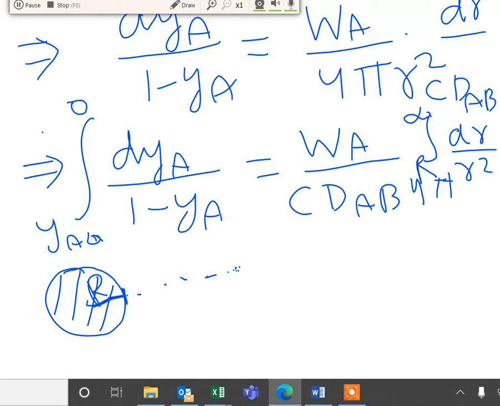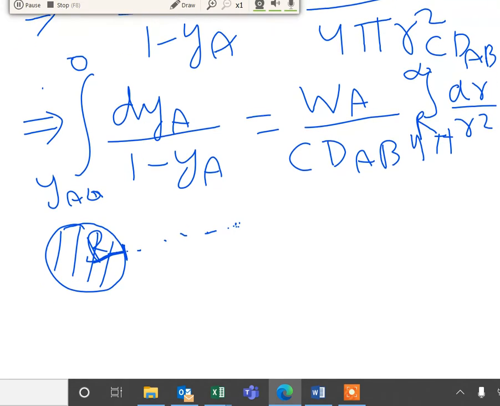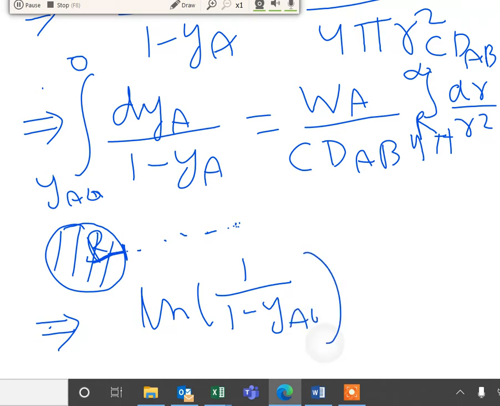Okay, so what do you have here? If you integrate this term, you will get ln of 1 over 1 minus yA0, applying the limits also.